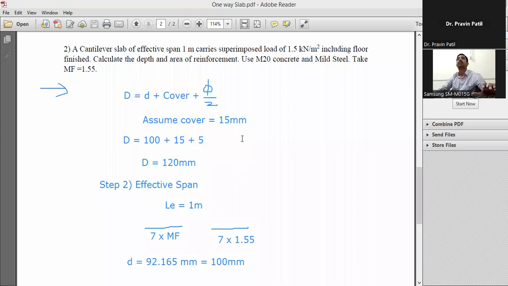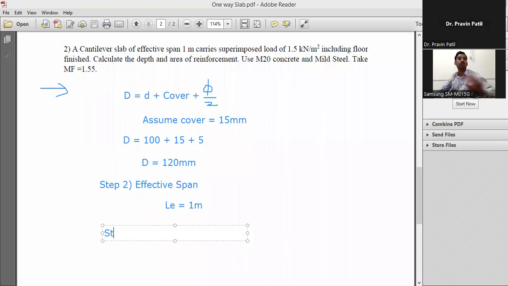If it is not given, and it is a simply supported beam or slab, then LE is equal to L plus center to center distance between two supports; that is what we call the effective span. But here it is a cantilever slab, so one end is fixed and the other end is free. So LE is equal to 1 meter, directly given here.